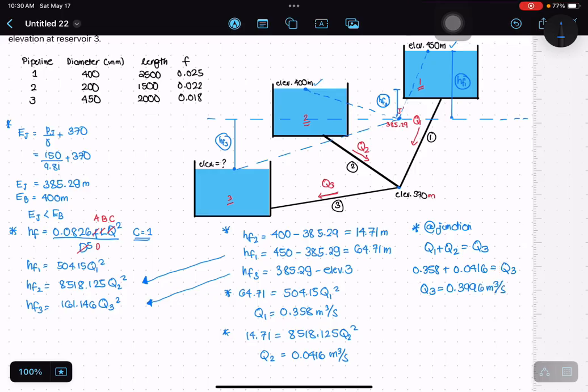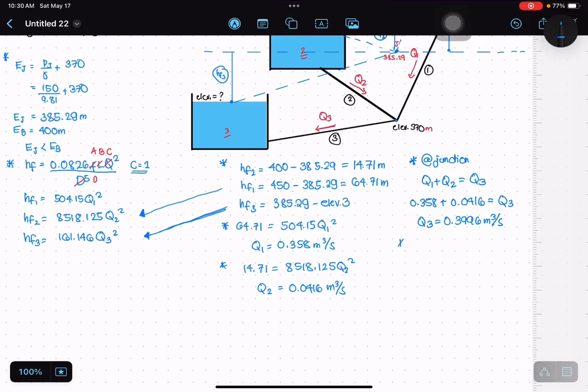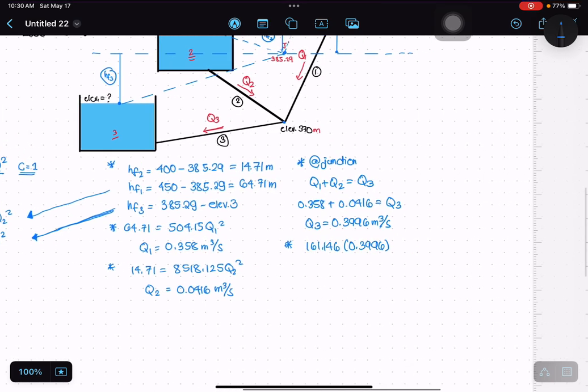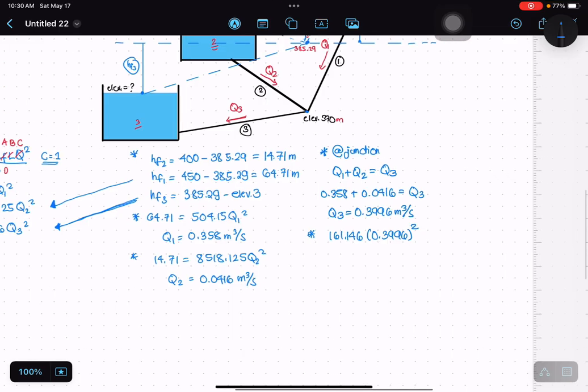After makuha ang Q3, saka pa natin to gawin. Equate siya dyan. So, magiging 161.146 times 0.3996 squared equals 385.29 minus elevation sa 3.